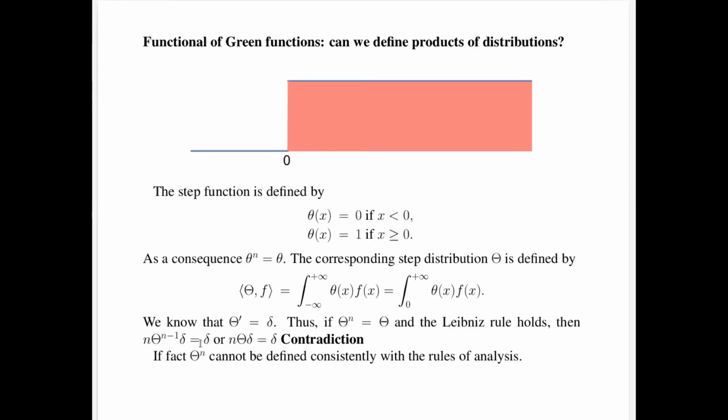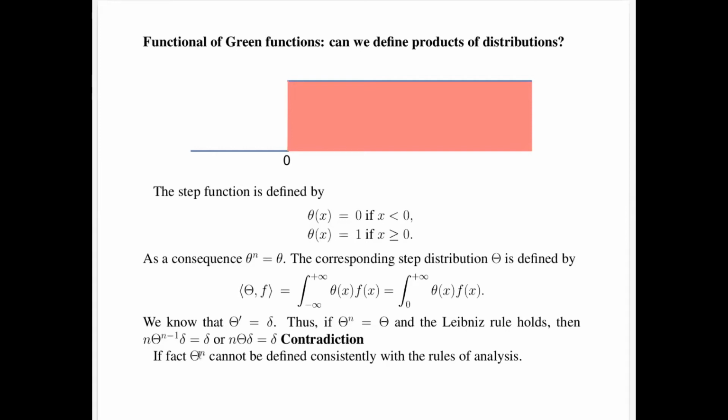And by using this equation, you obtain that n theta delta is equal to delta. And this is true for any n. So you see that this equation cannot hold. And as a consequence, you cannot define the powers of the step distribution, and this power is in the sense of a Hadamard product.